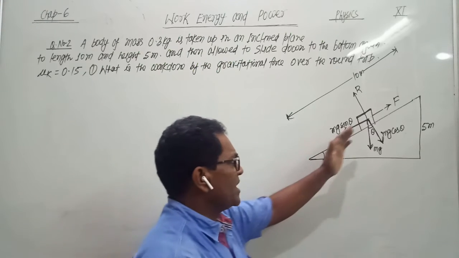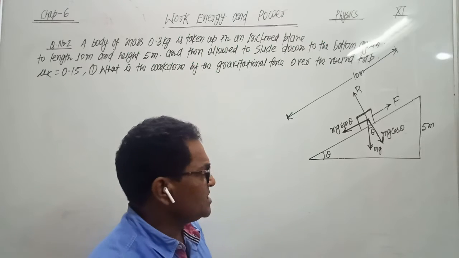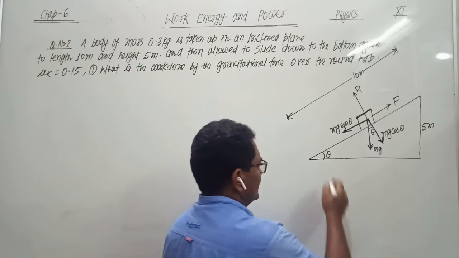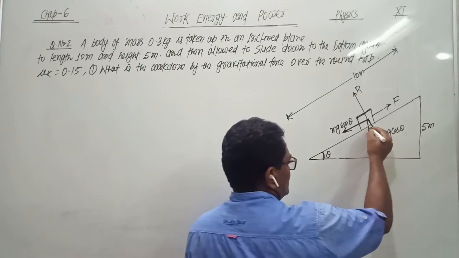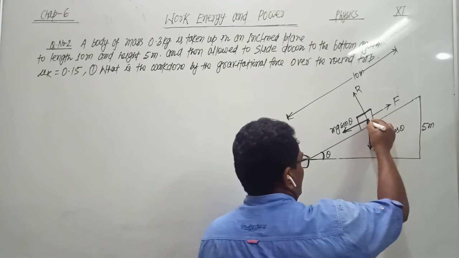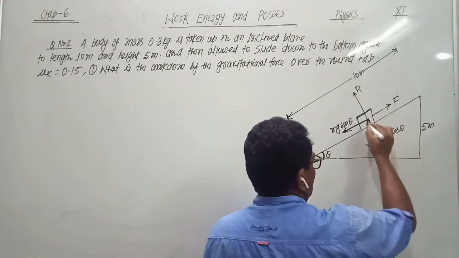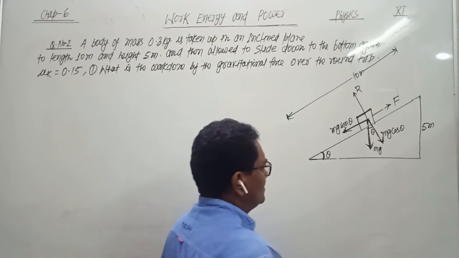The body is going up, with the weight of the body mg acting downward. Since this angle is theta by mathematics, there must be two components of mg: mg cos theta and mg sin theta.